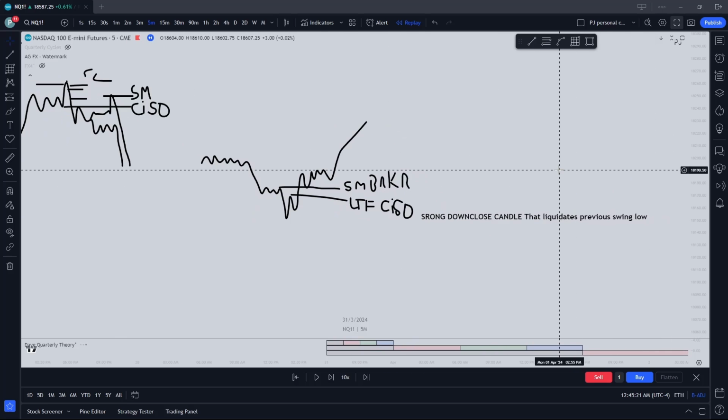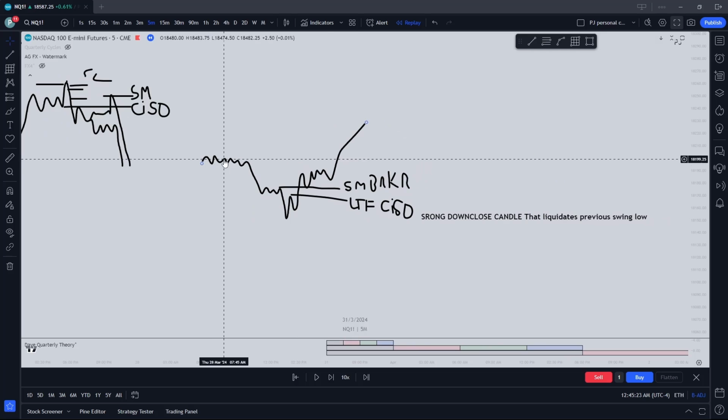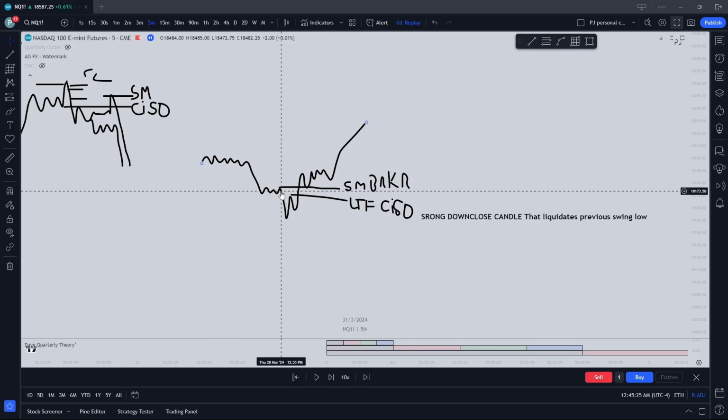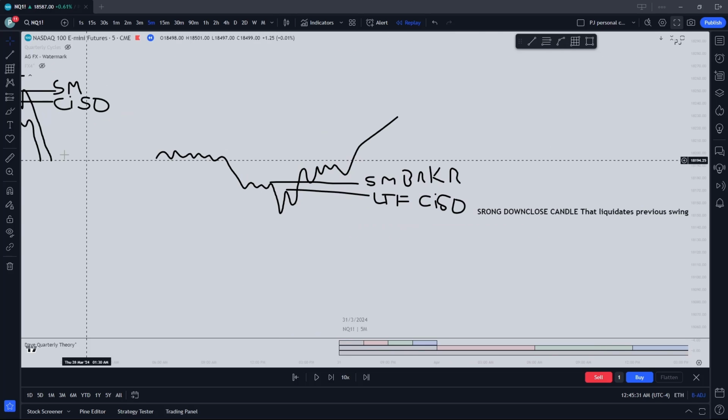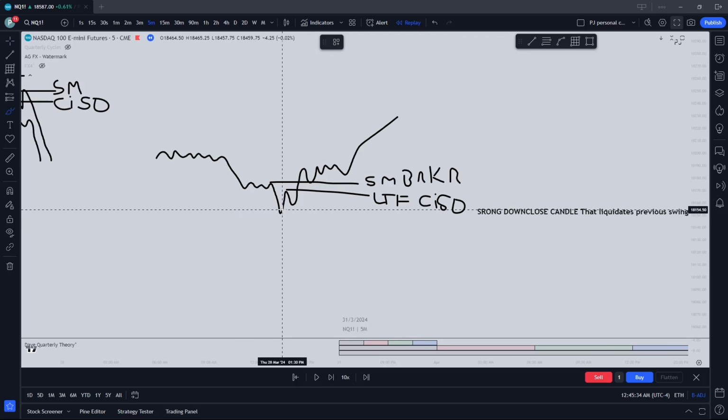In bullish market structure, have your accumulation, second leg accumulation, smart money reversal, right? And even here, you have a low time frame CISD.